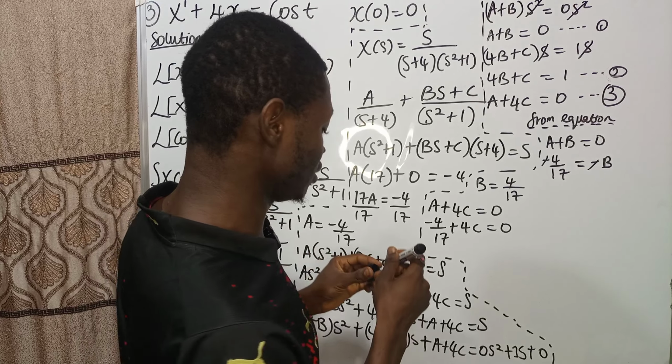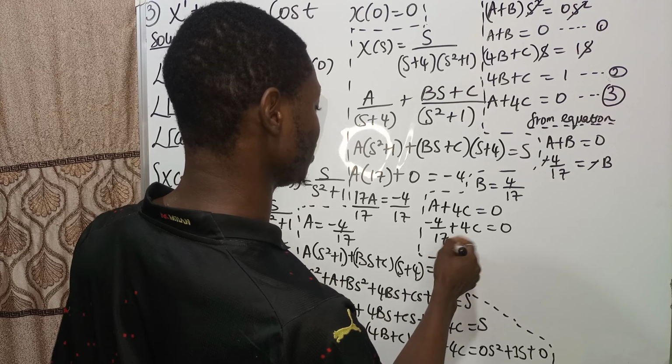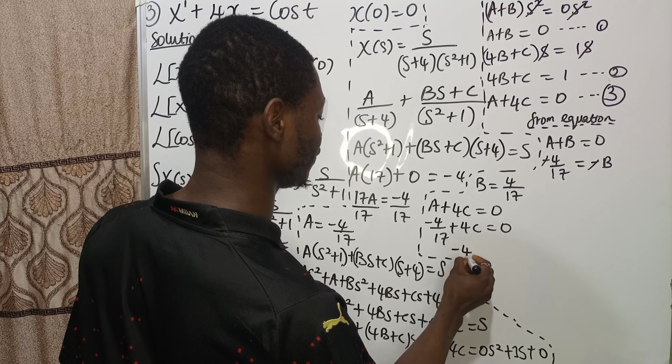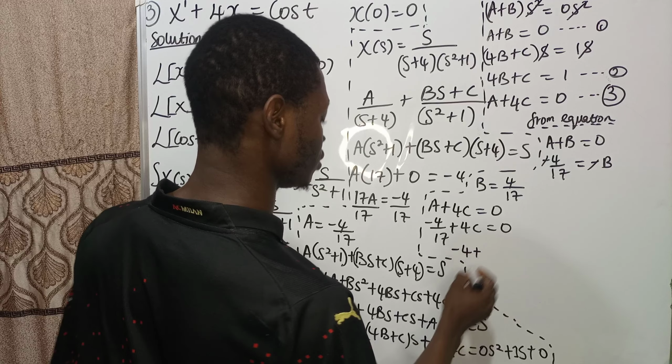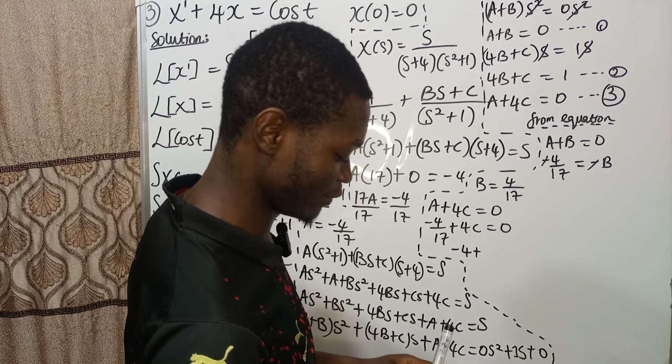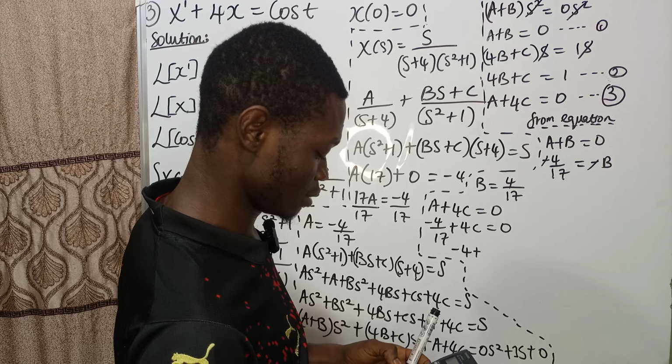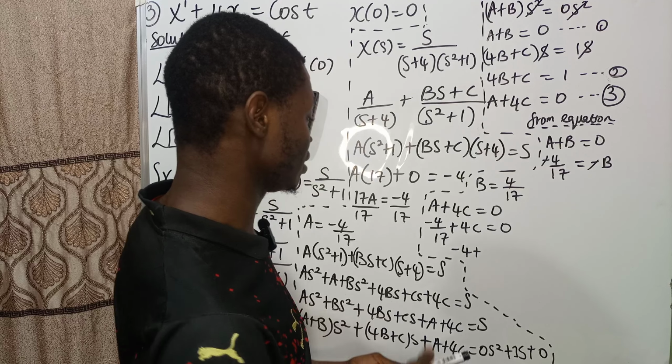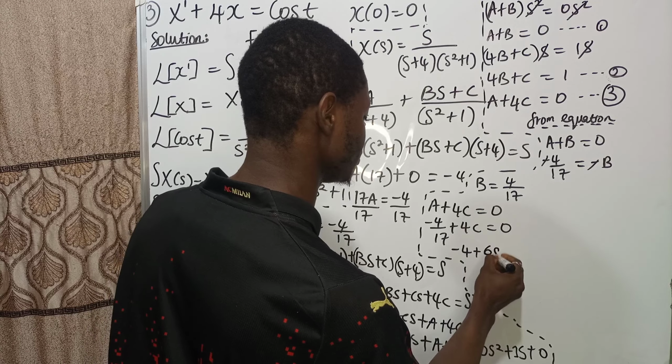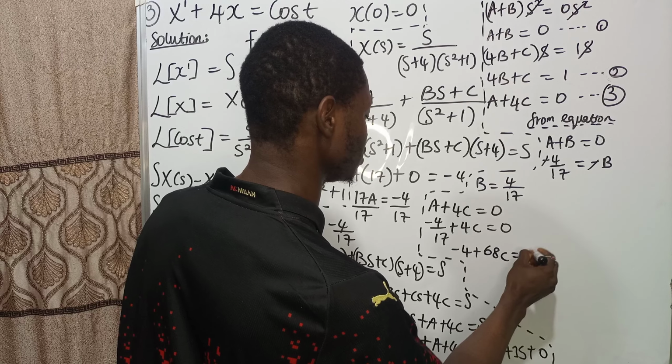So we can multiply through by 17. When we multiply through by 17, we have minus 4 plus 17 times 4 will give us 68c is equal to 17.